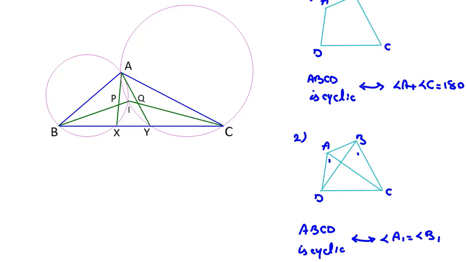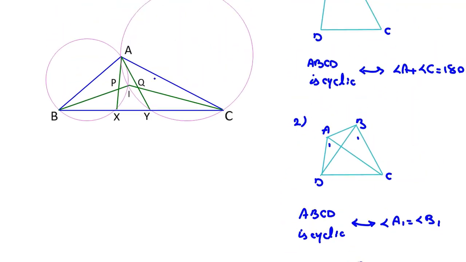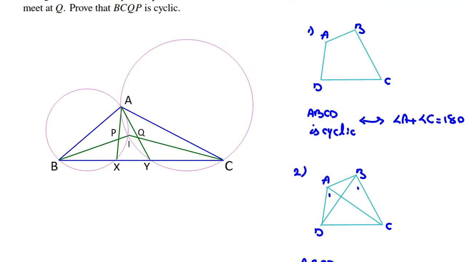So let's see the fourth condition. We should extend, and here you will see that I is the intersection of extensions of CQ and BP. Because we don't need to draw any new line, let's check this one first. We prefer not to draw too many lines.